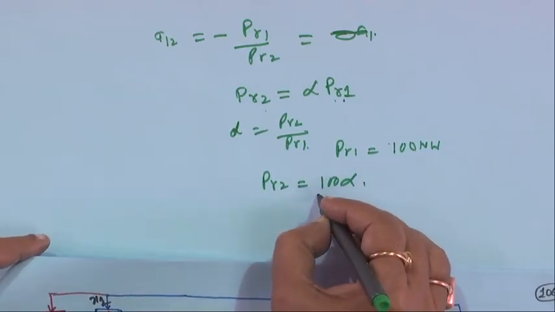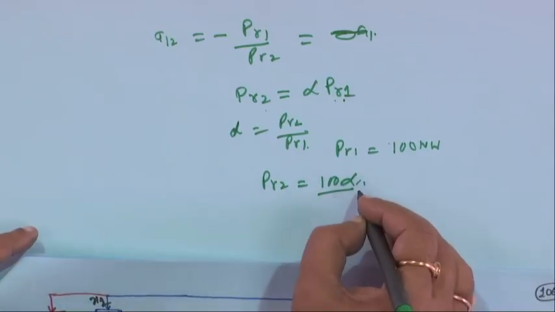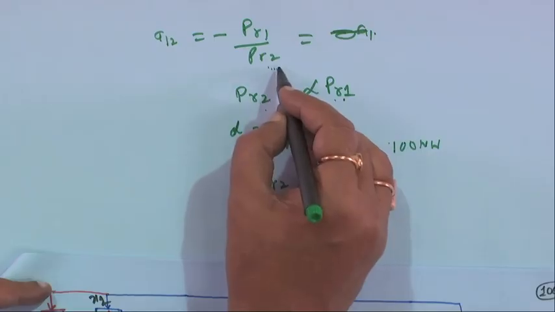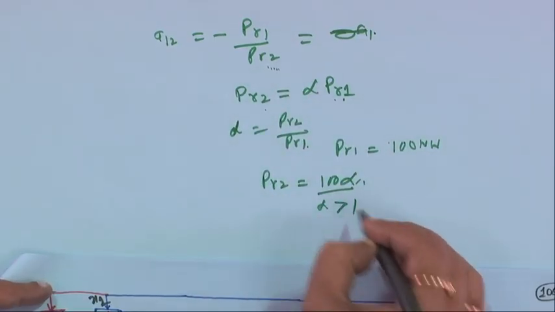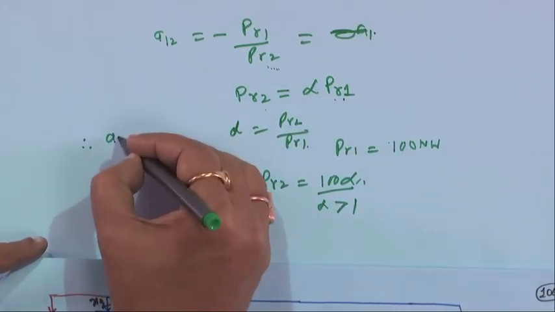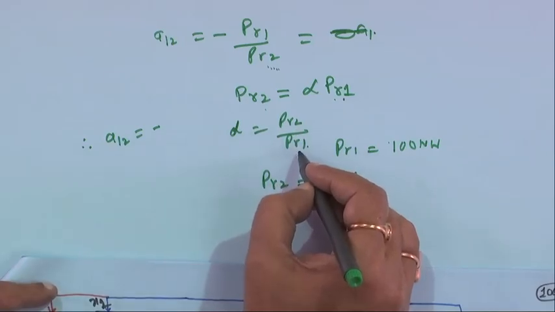Now the question is, if you go on increasing the area capacity, what will happen? This A12 value will decrease, because alpha is greater than 1, right? So A12 can be written as minus PR2 upon PR1, with PR2 upon PR1 equal to alpha.